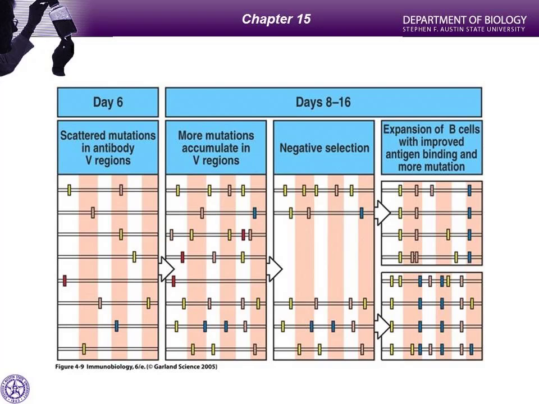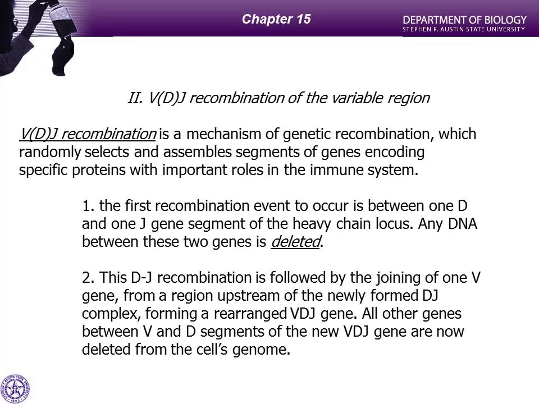So our variable region, those genes undergo somatic hypermutation. That's the first level of variability. The second level of variability we refer to as VDJ recombination. Because in the B cell genome, there is not a single gene for the variable region. Hear what I said?